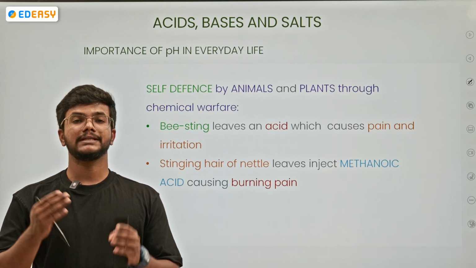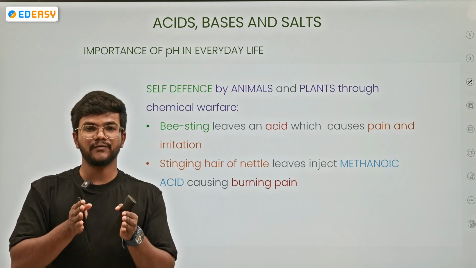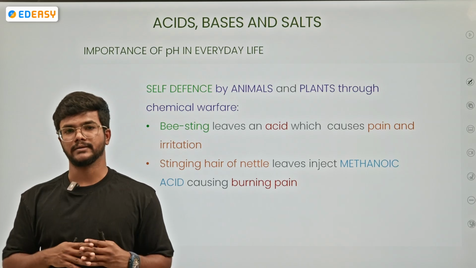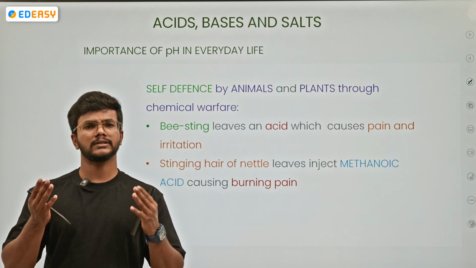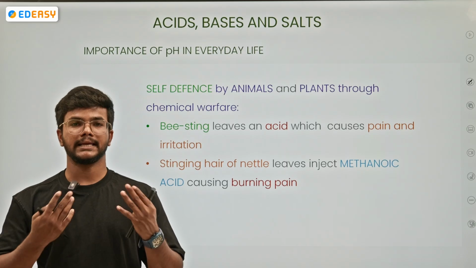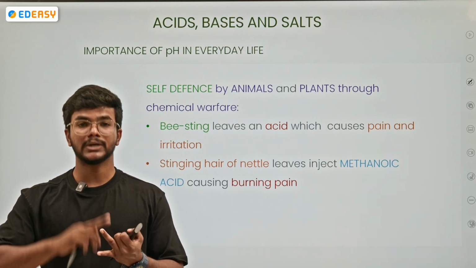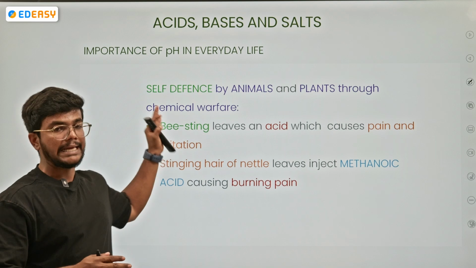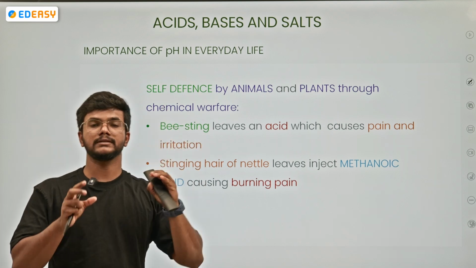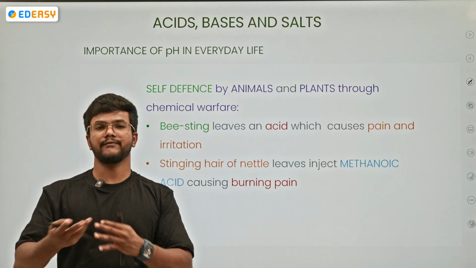This is called self defense with the help of chemical warfare. Chemicals are also used to make weapons like atomic bombs and nuclear weapons. Here also there are some insects which use chemicals like acids or bases for their defensive mechanism.